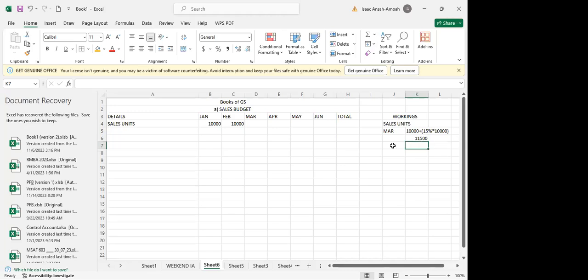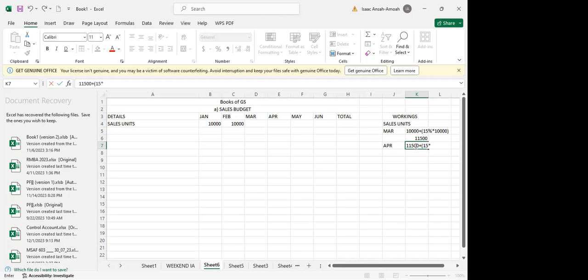So if you want to also work out something for April, then that would be 11,500 plus 15% of 11,500, or 1.15 times 11,500. Yes, Vera.